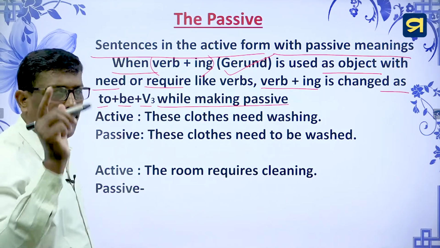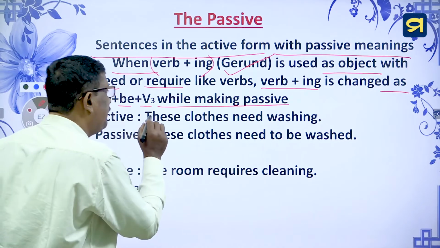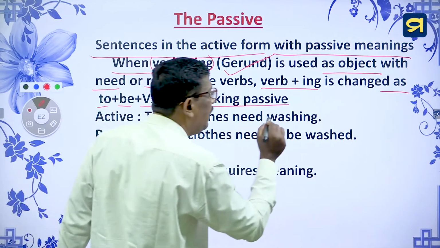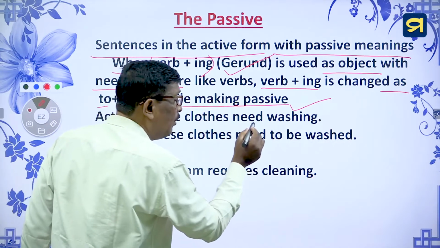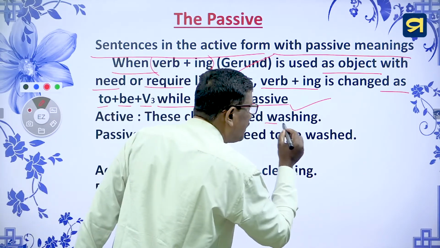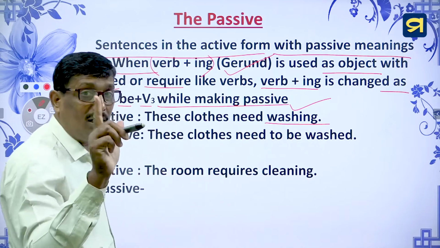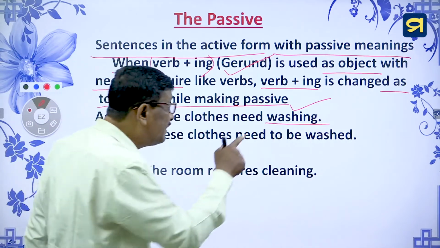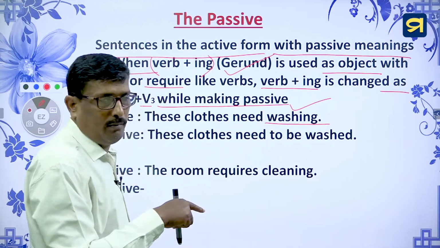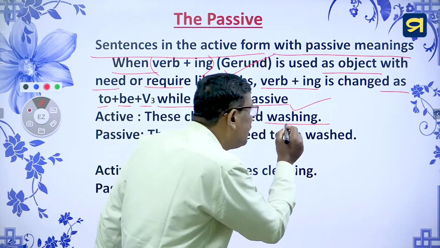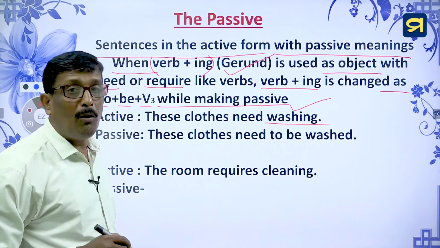We will take an example. These clothes need washing. You see here washing is used as a gerund, not as a verb, but as an object. Here the object is made of wash, and then the ing form is added.